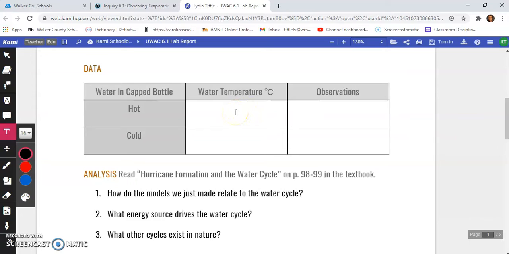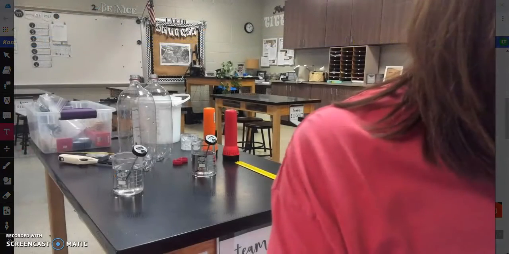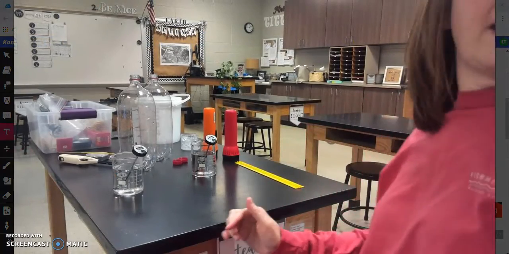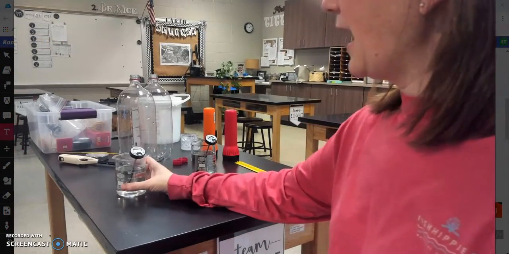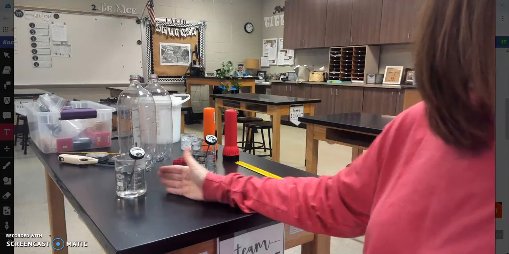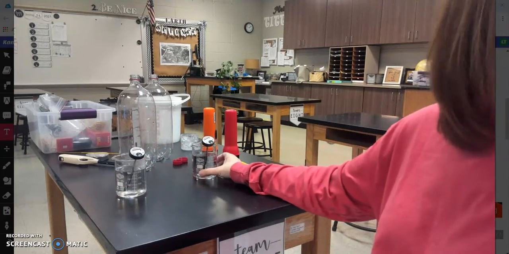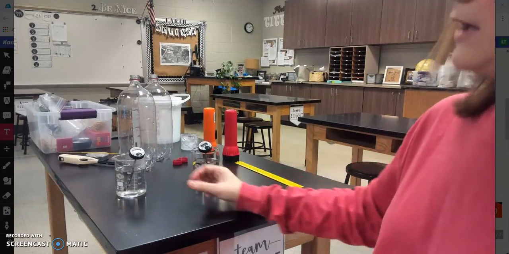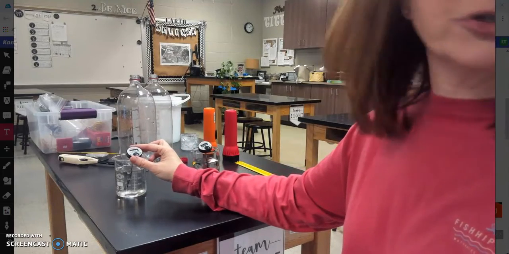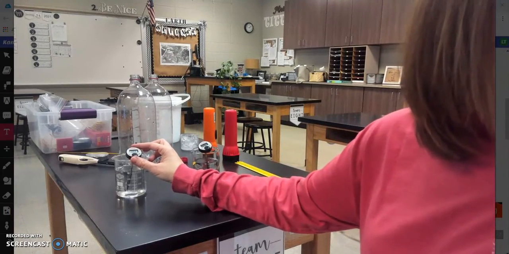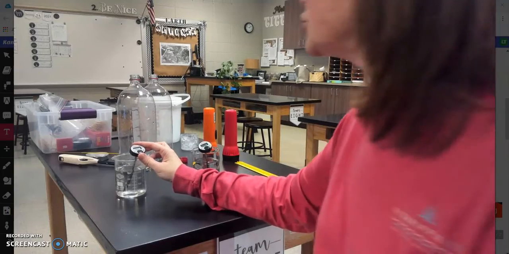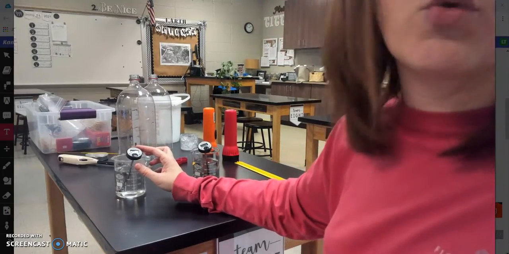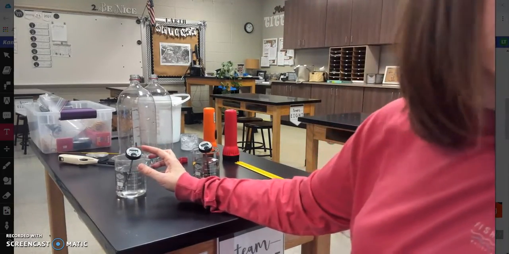Okay, so I'm going to switch over to the webcam for us to gather our data. First of all, on the table I have a beaker of hot water and a beaker of cold water. When I look at the temperature reading on the digital thermometer for the hot water, the temperature is 58.2 degrees Celsius.